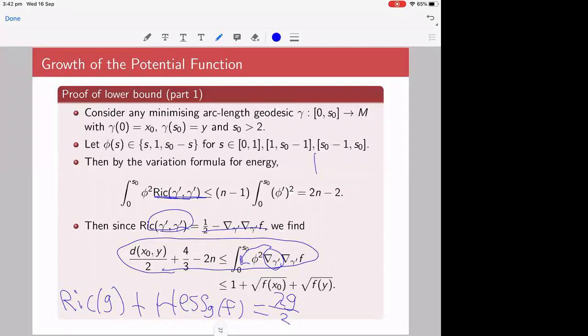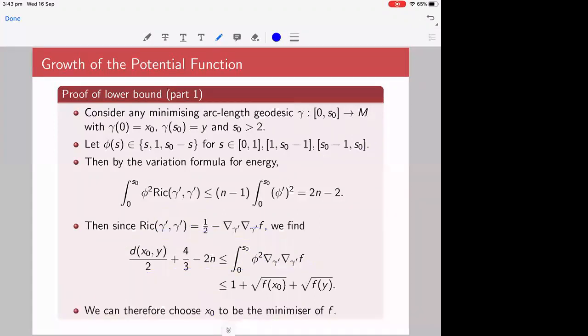But remember, the gradient of f was bounded by f. So that fact as well allows us to deduce this final inequality here. Remember that at this stage, x naught and y are arbitrary. It's at this stage, however, that we're actually going to pick our x naught.